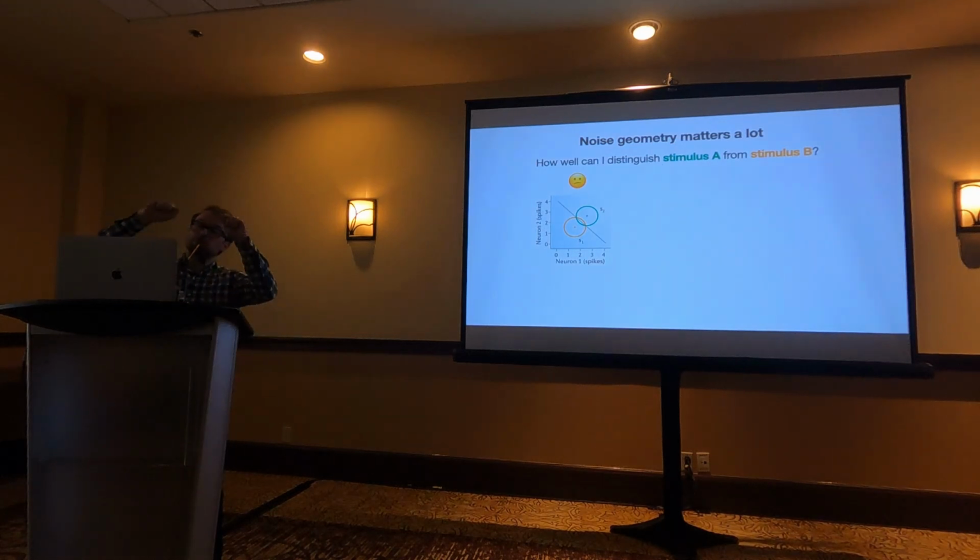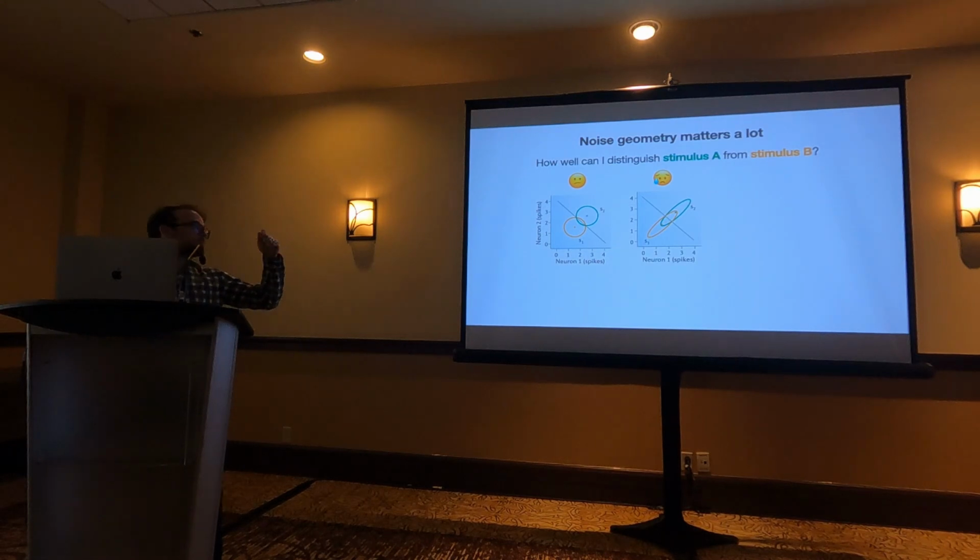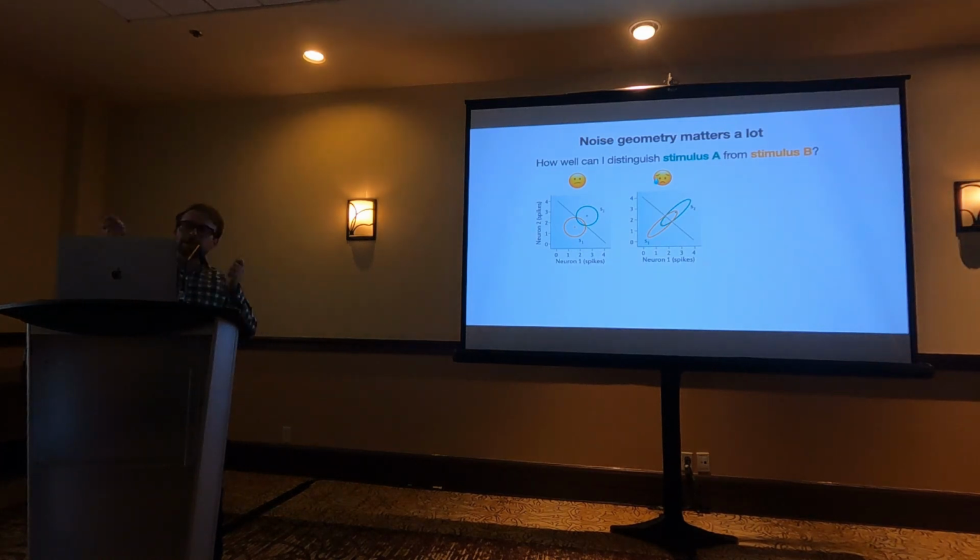Imagine I just have two stimulus conditions, stimulus 1 and stimulus 2, and I have isotropic noise around each neuron's firing rate. Here, this is a two-dimensional firing rate space. The black line is the optimal linear classifier, and it does okay on this task. Now, people realized that if the trial-by-trial noise was, unfortunately, oriented in the direction of that optimal linear classifier, your decoding performance is going to be much, much worse.